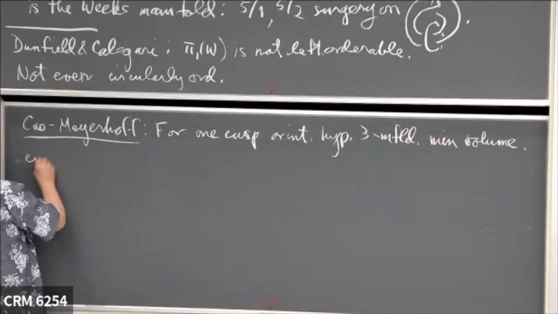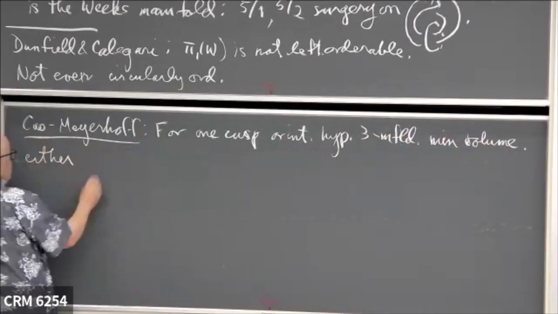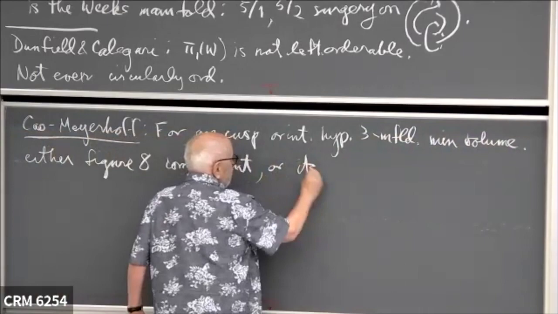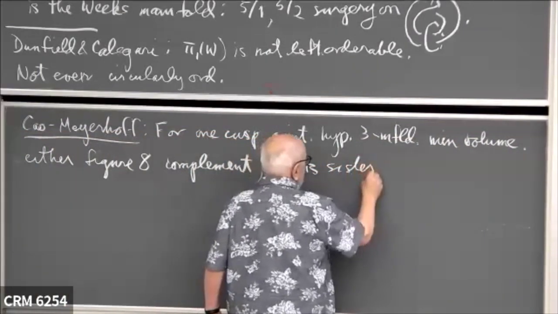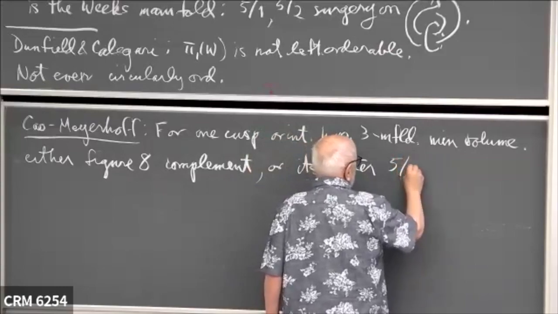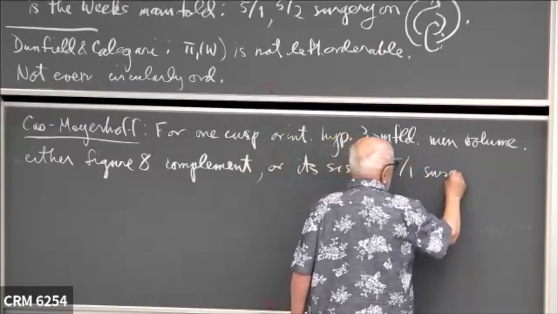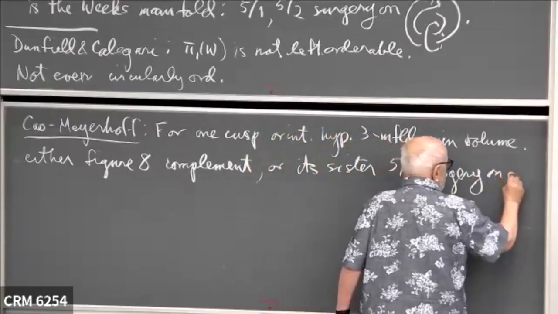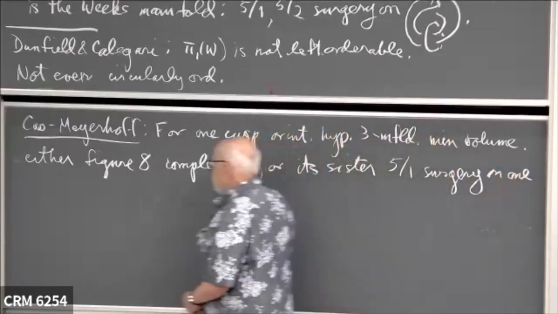It's either the figure eight complement or its sister, which can be gotten by 5/1 surgery on one component of the Whitehead link.